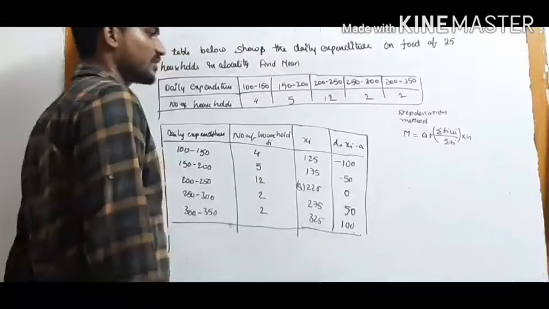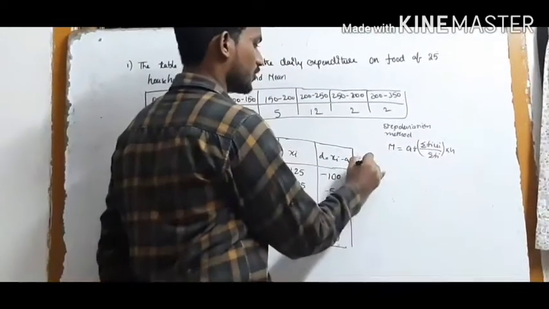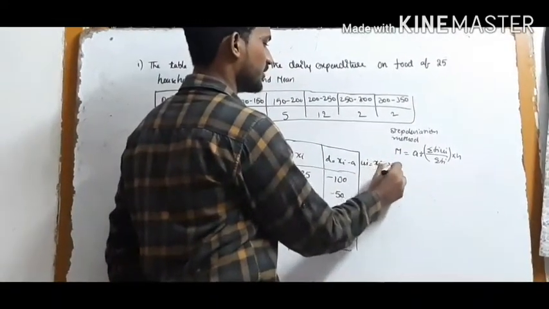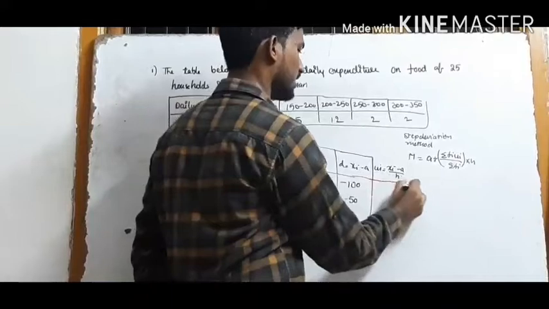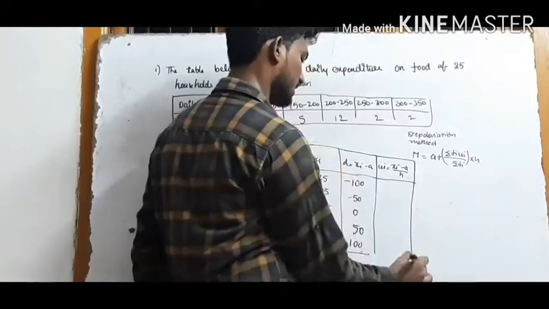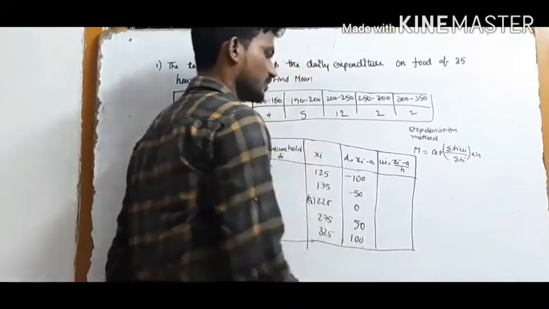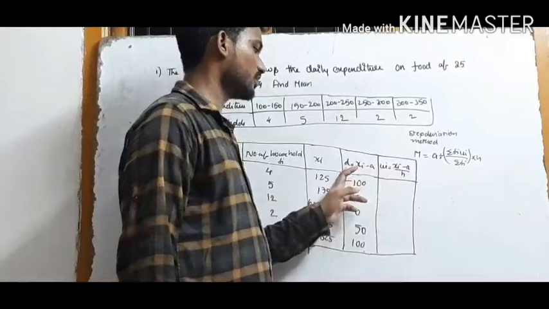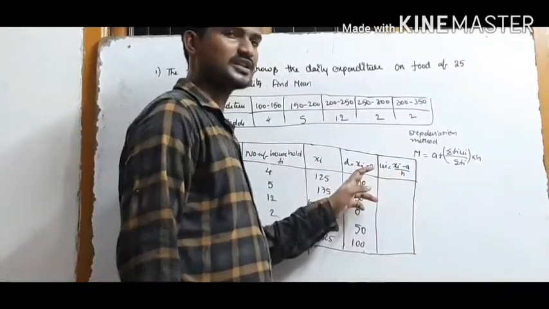This is d. We want to find ui. ui equals xi minus a by h. h is the height or length of the class interval. We can write ui equals d by h also, since d equals xi minus a.